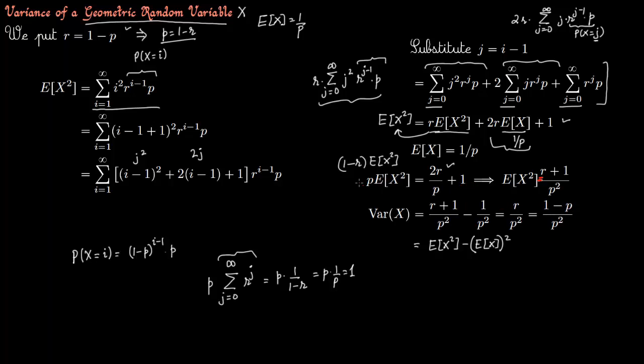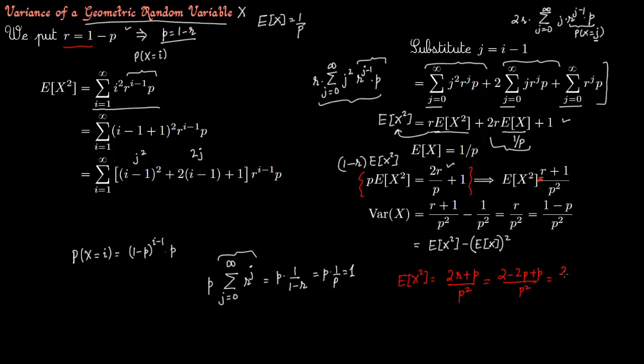Notice we have not focused much on the computation here, but let us do it. This will give you expectation of X squared as 2r plus p by p squared. Instead of 2r, you can write 2 minus 2p plus p over p squared.